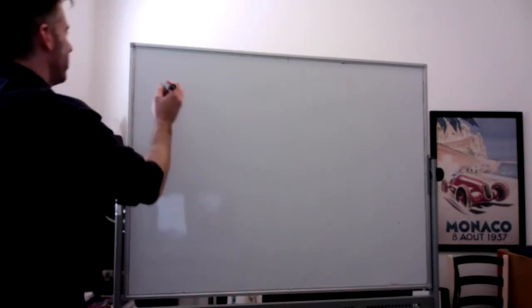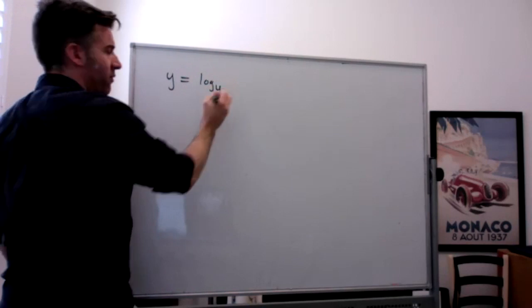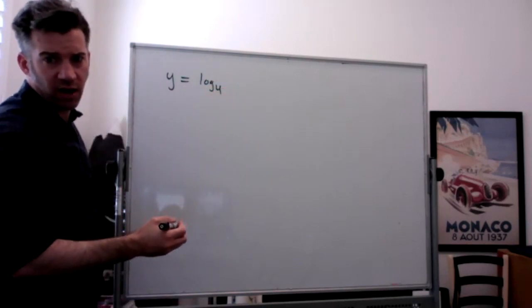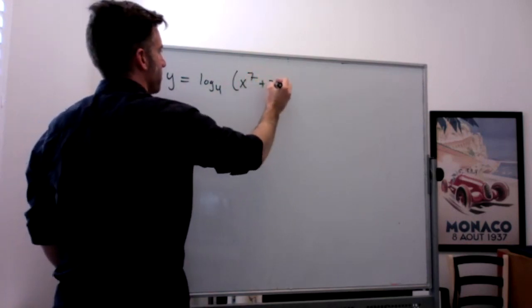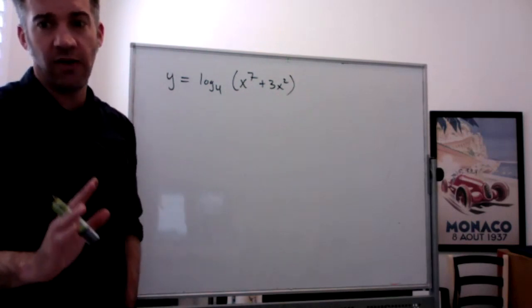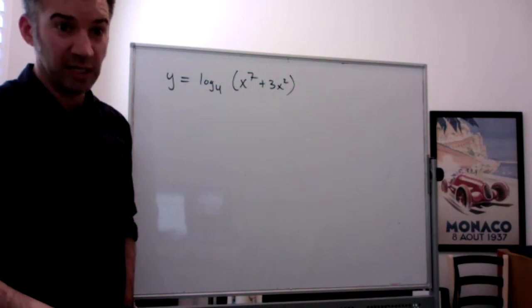So let's say I want to take the derivative of y equal to log base 4 of, sorry, what have I got here? x to the 7 plus 3x squared. There's actually 2 very valid ways of doing this. The easiest way is actually to use the change of base formula.